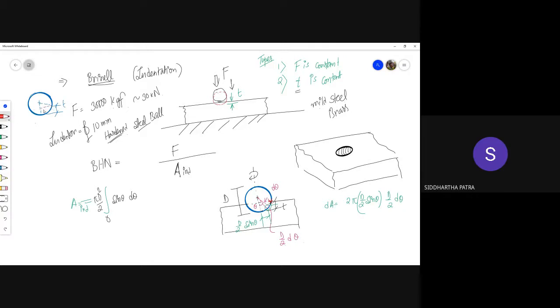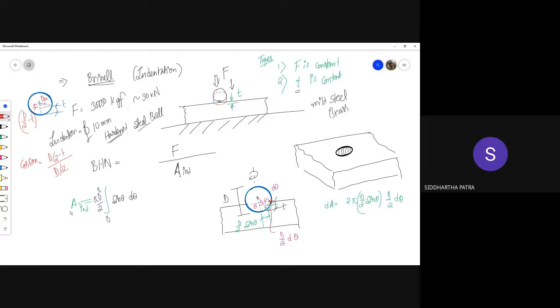So if I draw a parallel line, so this much is d by 2 minus t. And if this angle is theta m, the maximum theta, so cos theta m is d by 2 minus t, because d by 2 is the radius, minus t, divided by the abscissa, which is d by 2.